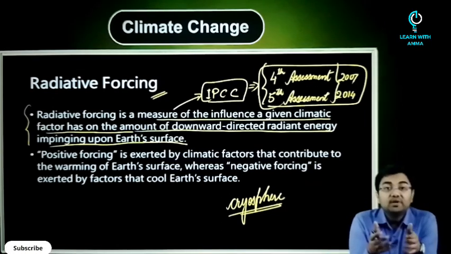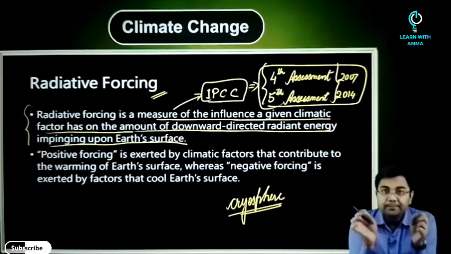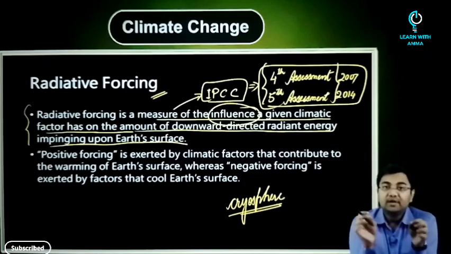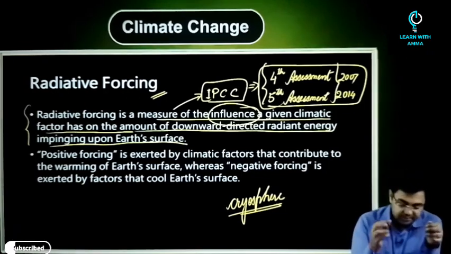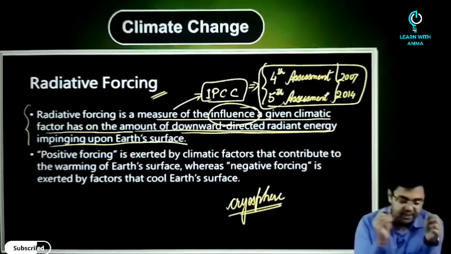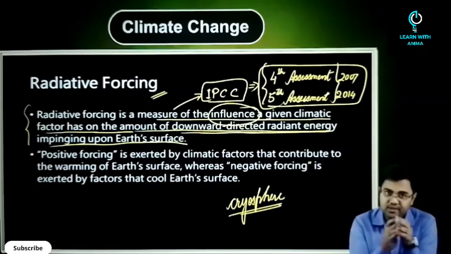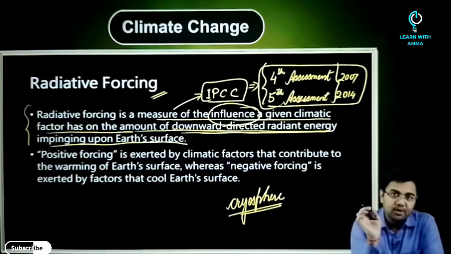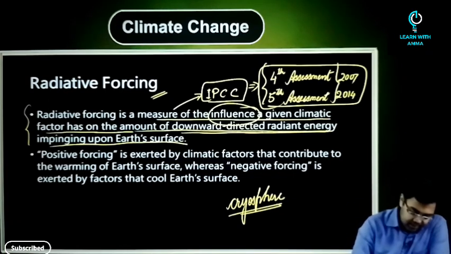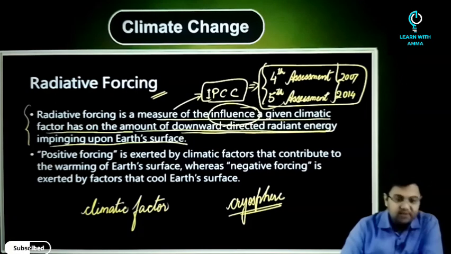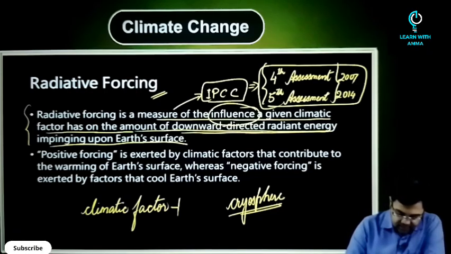So what is radiative forcing? It is the measure of the influence that a given climatic factor would have on the amount of downward directed radiative energy impinging upon Earth's surface. What we are saying is that there are two things that can happen. Let's say I am talking about a climatic factor. This climatic factor can have influence on the climate in two ways.